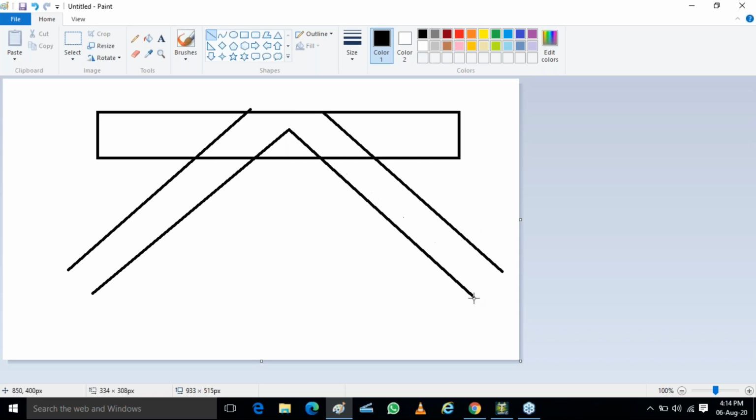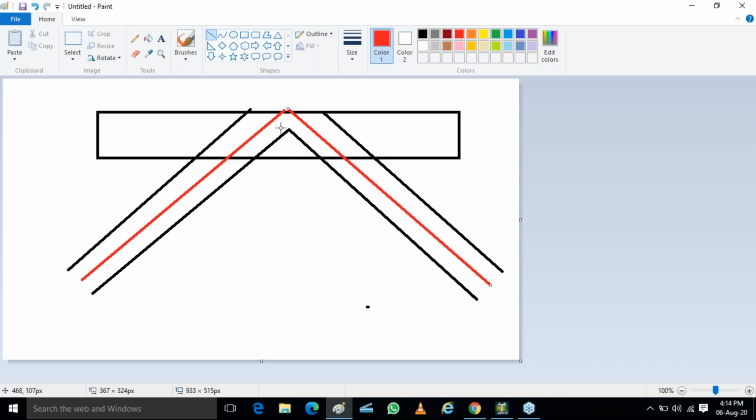Suppose this is your brace joint. You can see at a particular point the line of action which I colored in red. It is like this. The line of action is the same, but usually this is not the scenario. The line of action totally differs.